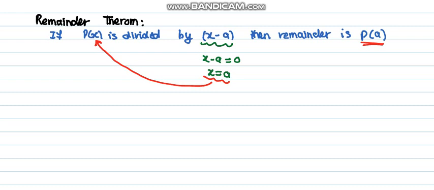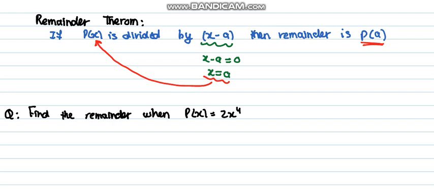So let's see a question. The question is: find the remainder when p of x equals 2x raised to the power 4 minus 6x squared plus 5 is divided by x minus 3.